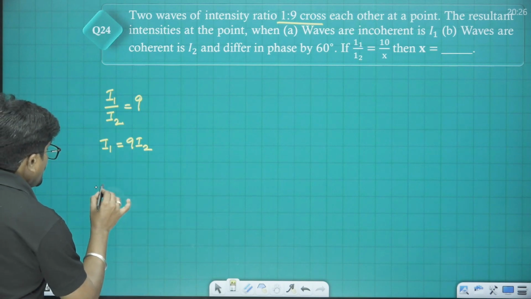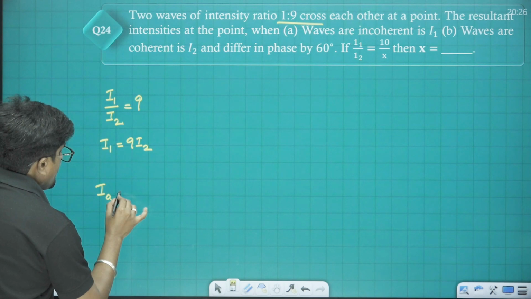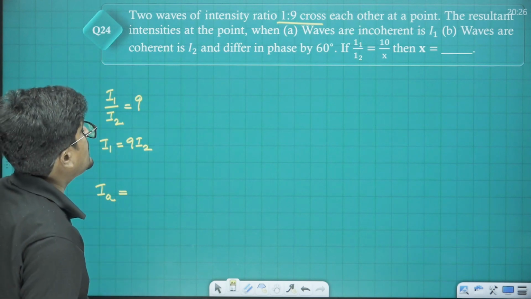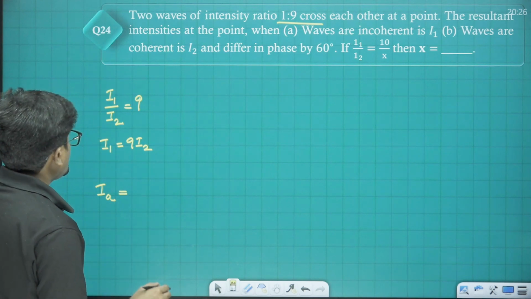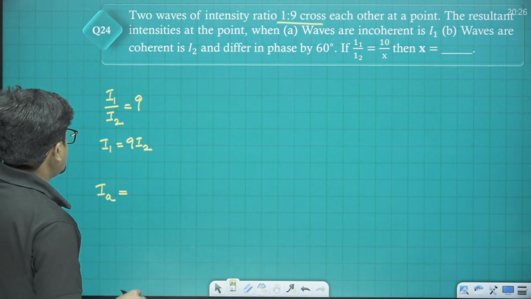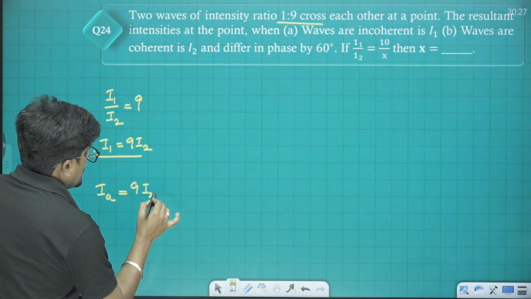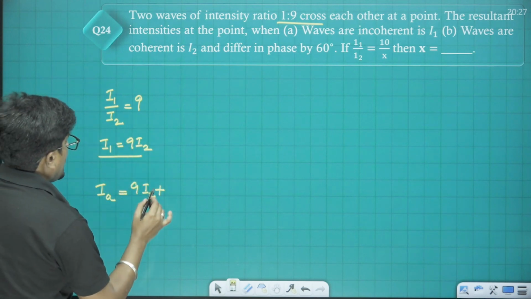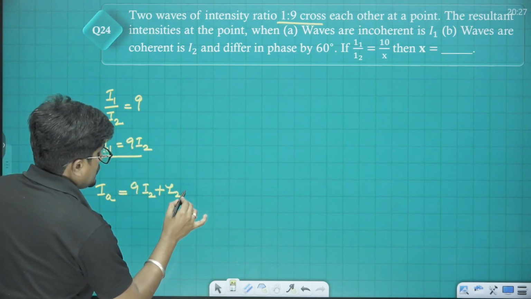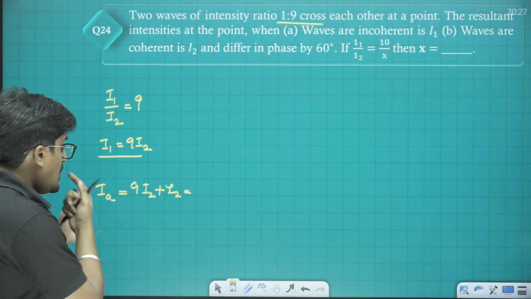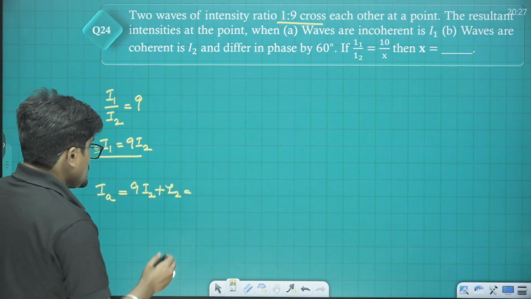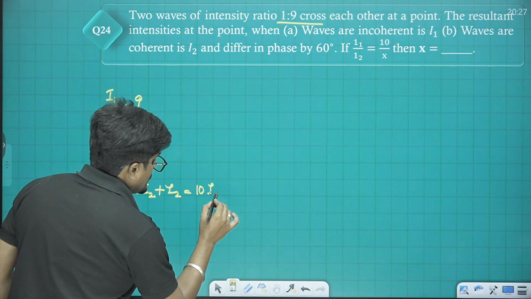So in that first case, I suffix A, once they are incoherent, the intensity is going to be I1 plus I2, the individual intensities. So I1 is 9 times I2, and I2 I am marking as I2 only. So here this is 10 times I2.